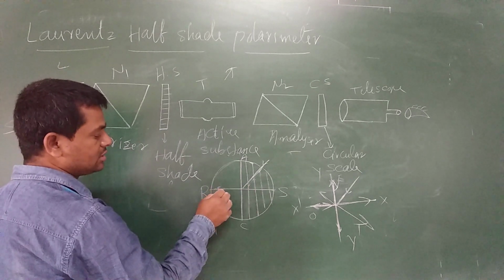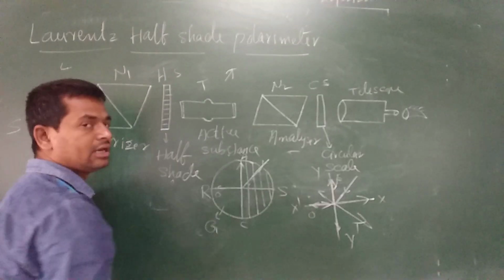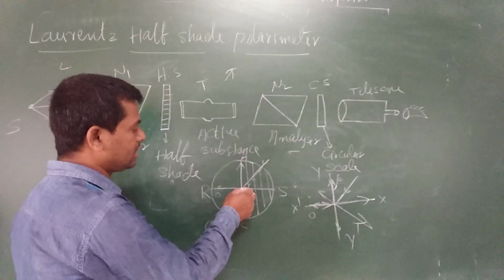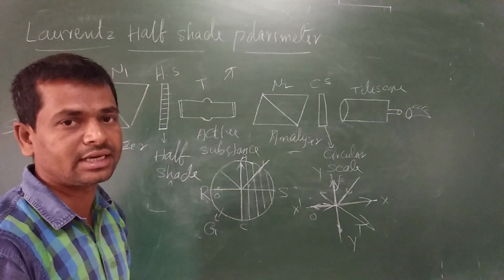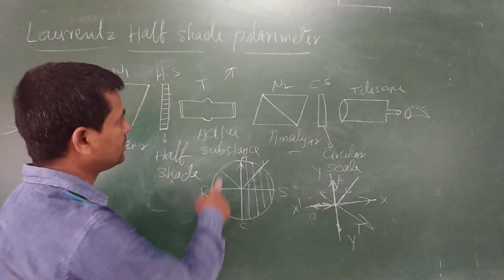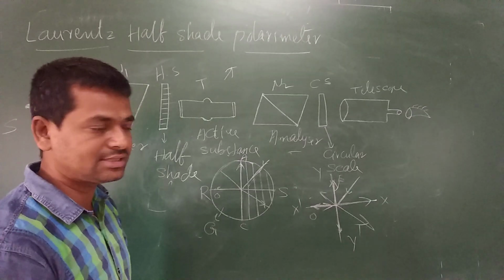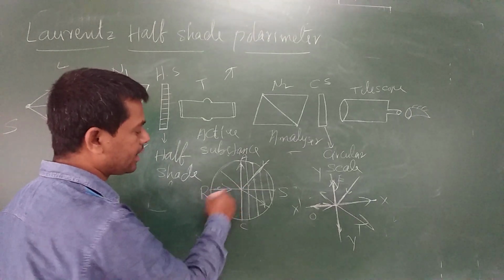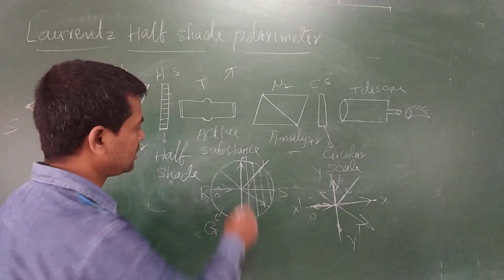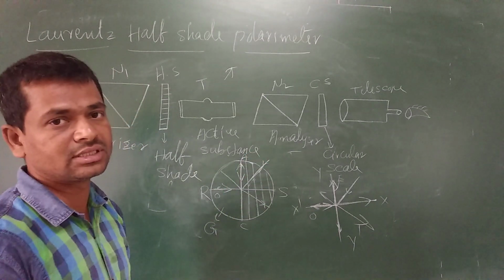The O ray travels in this direction and the E ray in this direction, and their resultant actually has to move in this direction. But instead of moving in this direction, they move like this, because the O ray can be reversed and the E ray can be reversed.